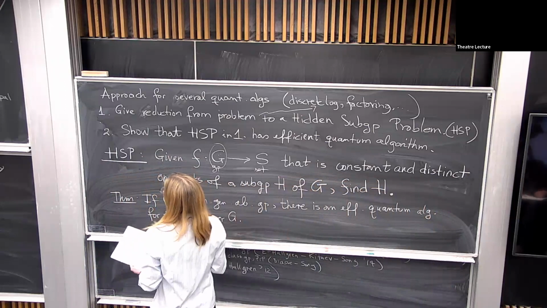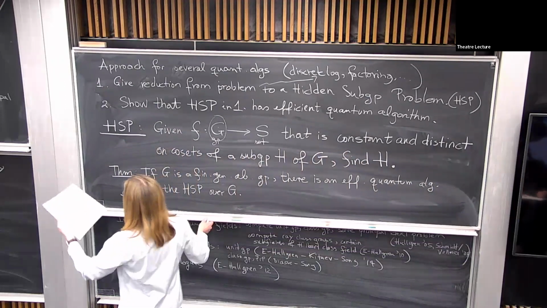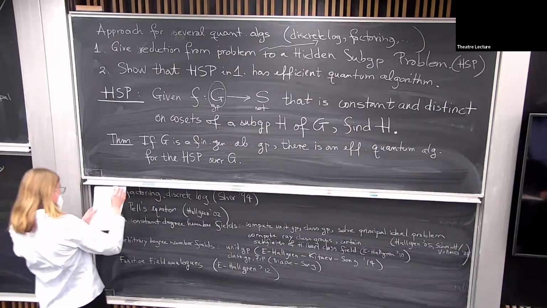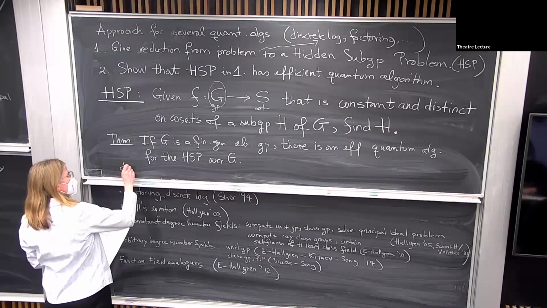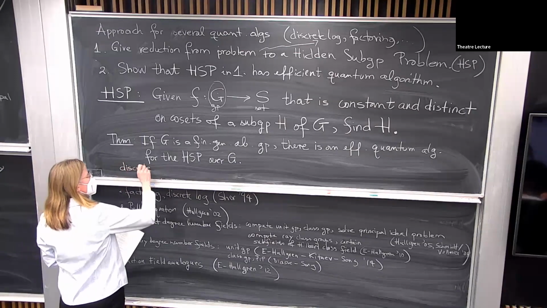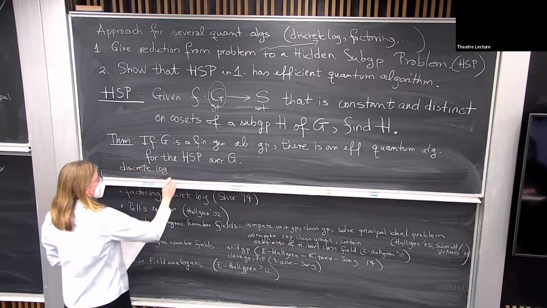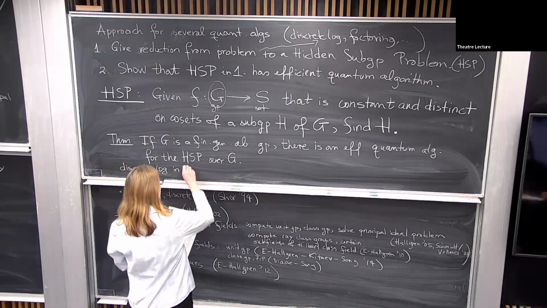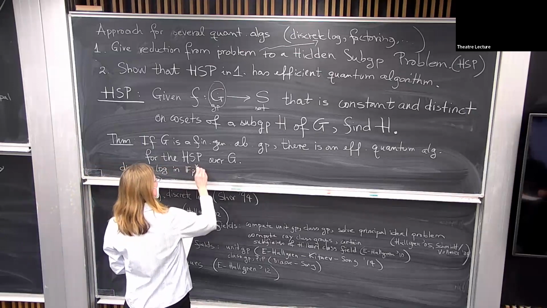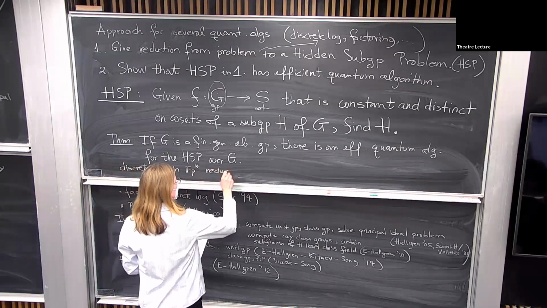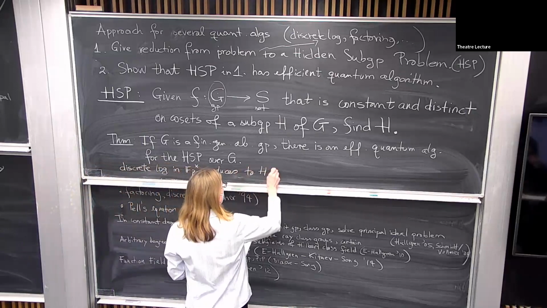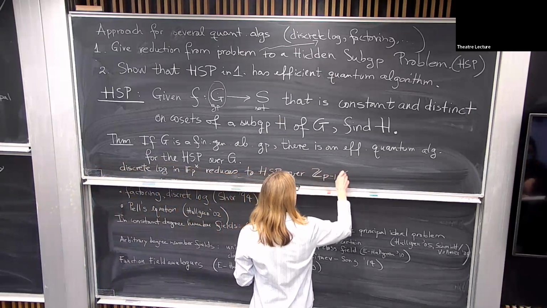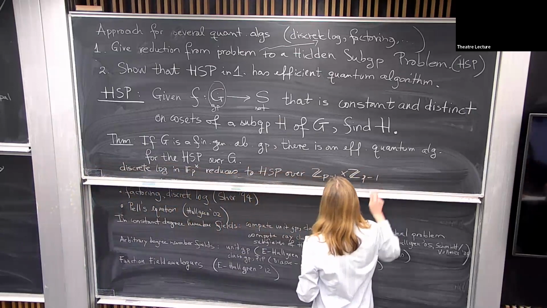And so some of the problems I've listed earlier reduce to the hidden subgroup problem. So discrete log, let's say discrete log in a multiplicative group of a finite field, let's say with p elements. Just to make it simple, you can show how to reduce this to a hidden subgroup problem over Z_{p-1} + Z_{p-1}.